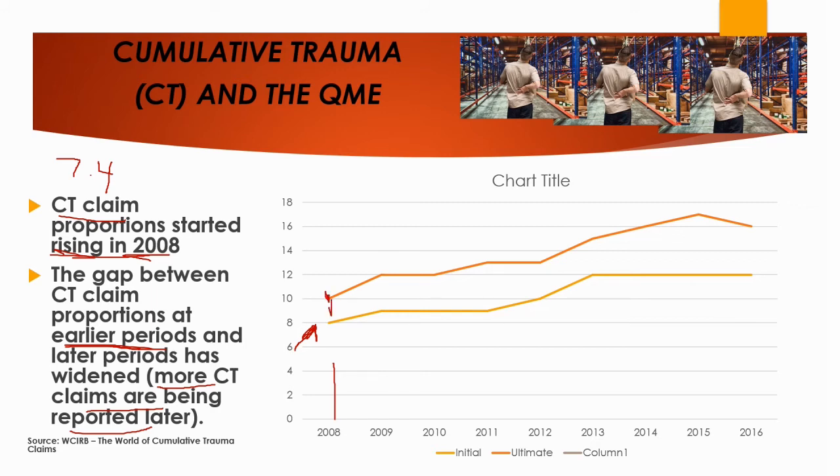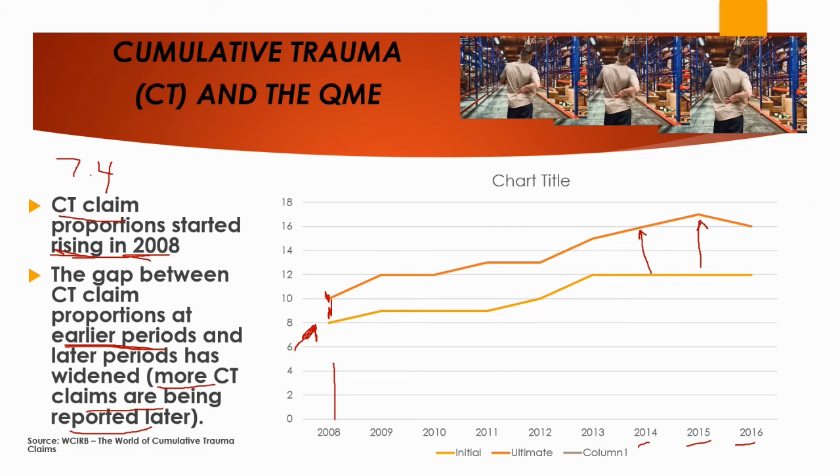So there's a 2% gap. That 2% is the frequency of claims, or the proportion of claims that are reported later. Okay, so this is a graph. These are graphs that compare early reporting periods to late reporting periods. And as we approach 2014, 2015, and 2016, you can see that the gap between the graphs is increasing. So more and more of these claims are being filed later and later.